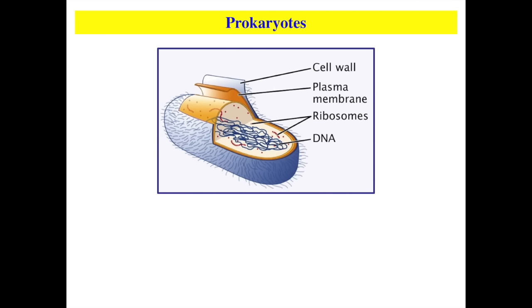Prokaryotic cells contain a cell wall which encases a plasma membrane and DNA that is in a nucleoid. The DNA in the nucleoid, of course, contains the entire genome of the prokaryote.